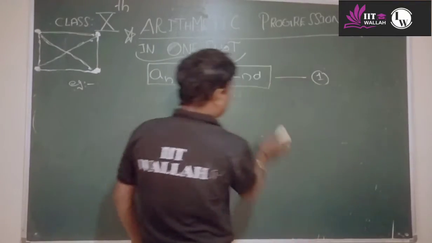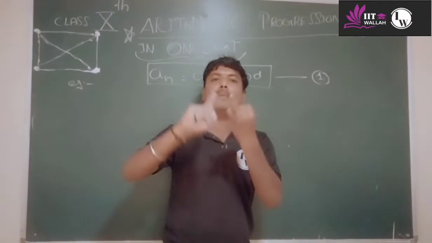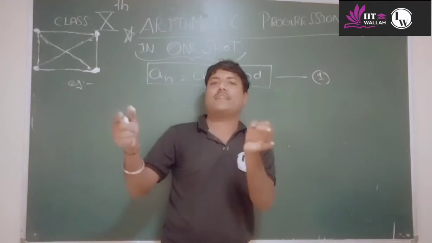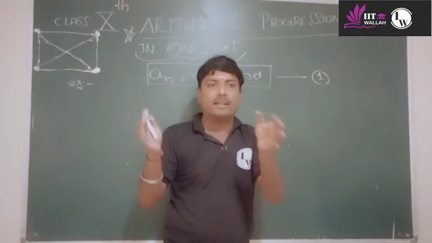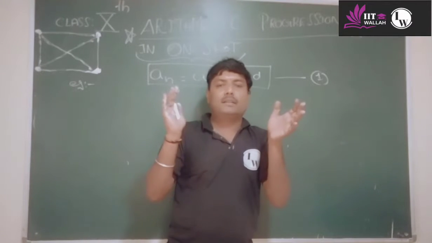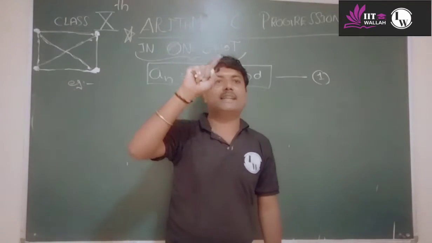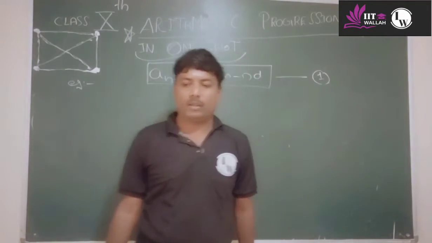So we understood the common difference. We understood the first term. What is the number of terms? The total number of terms in a given AP. If it is a finite AP, there will be a finite number of terms and we will use the letter n for that.